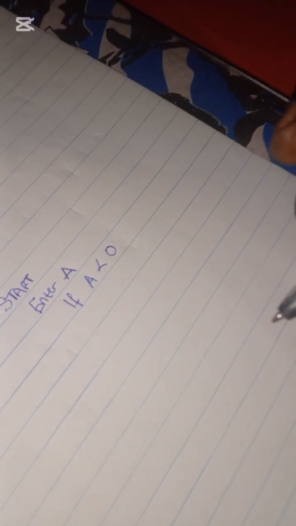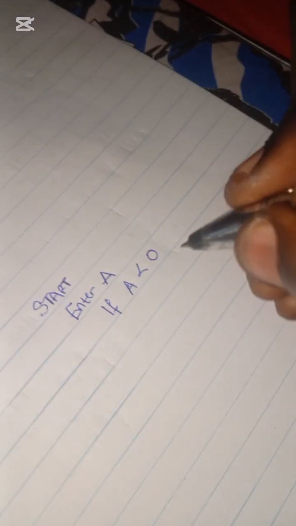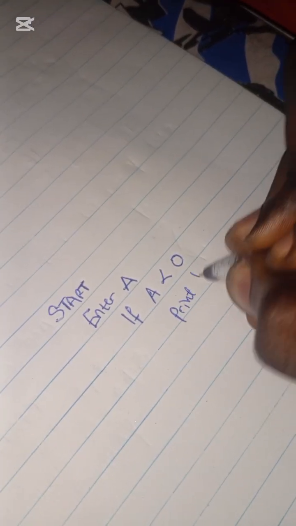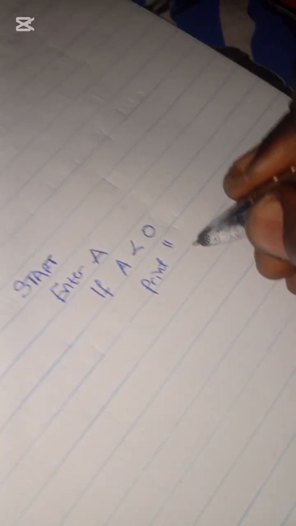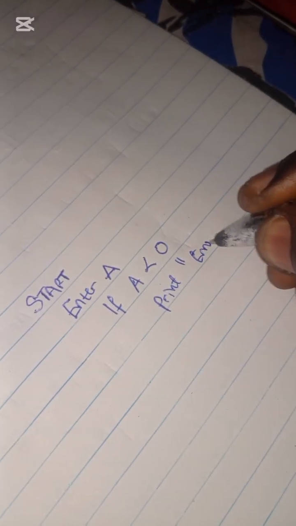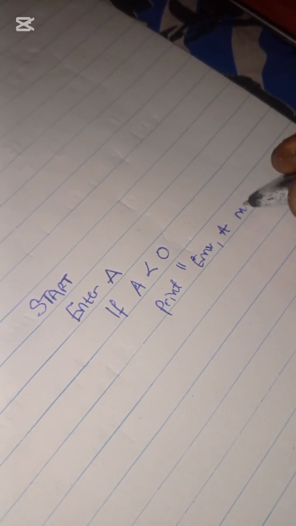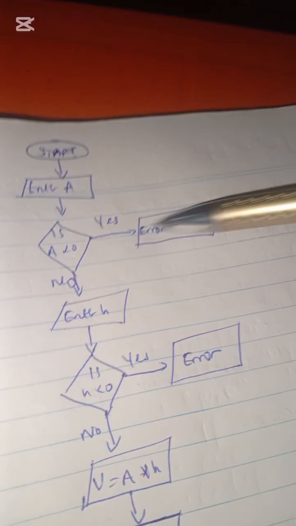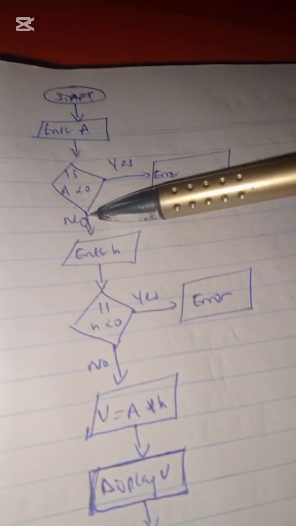If A is less than 0, then you tell it what to print. You leave a space, print error. A must be positive, right? So this is what is here. So print error, yes.